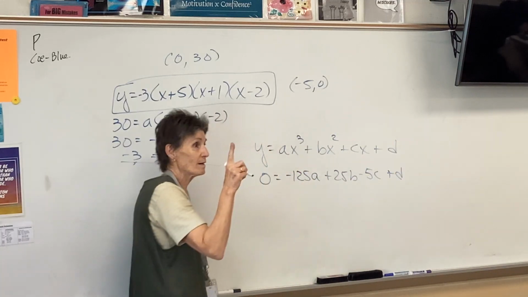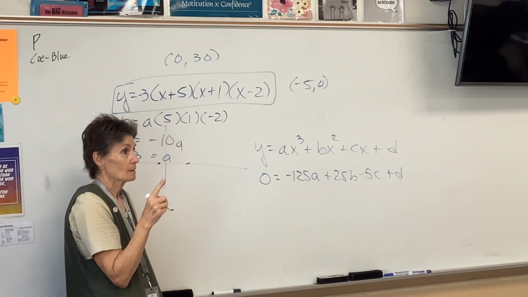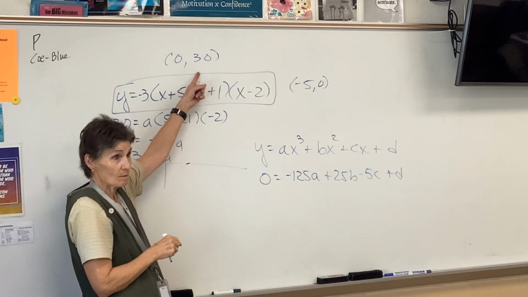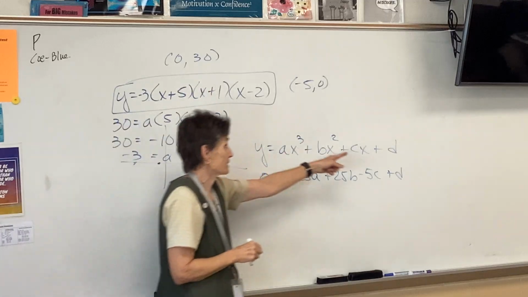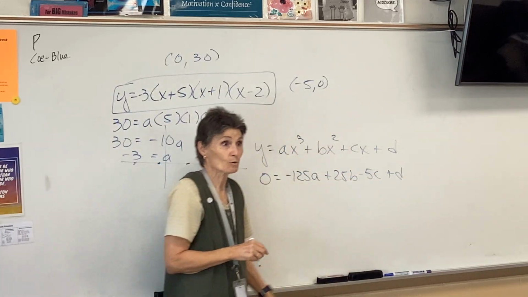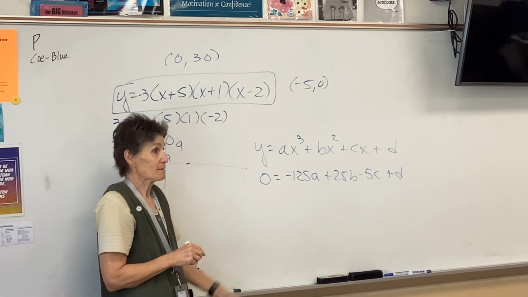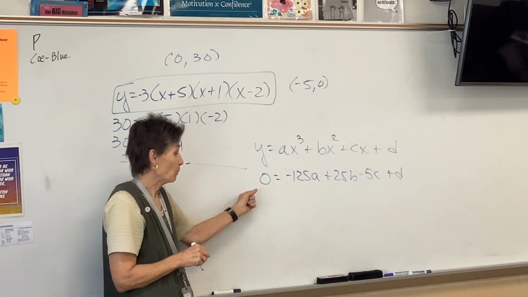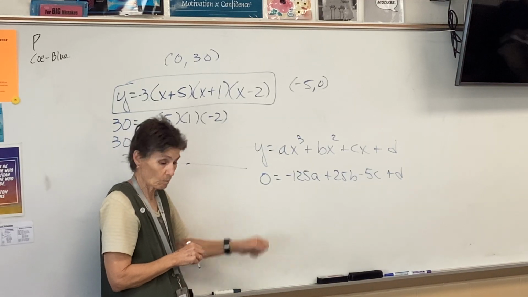And there's one of my equations. And I can do the same thing for the other points. Now, that one's gonna make it easy for me because that one's gonna tell me that D is 30. But I'm still gonna have 3 equations to solve. But that will work, 100%, that will work.